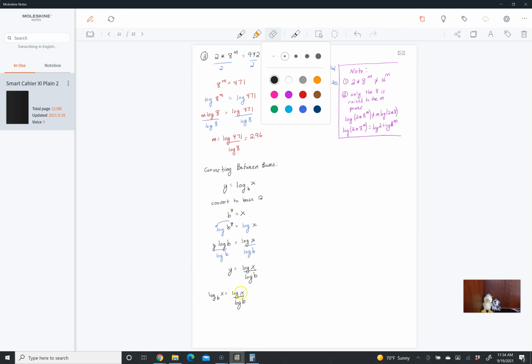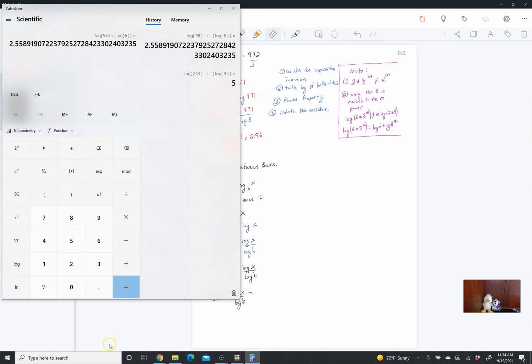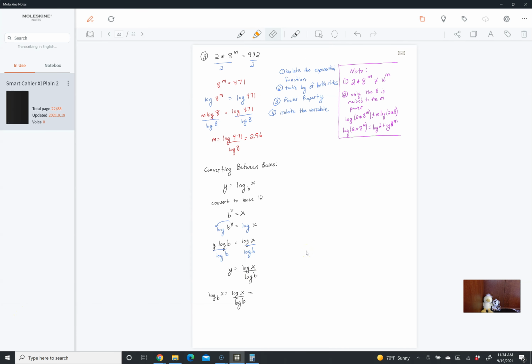So this is what we're really looking for, because a calculator can plug in base 10. A calculator can also plug in base e. You see on this calculator, it has a ln. So we could use ln instead of log. So if we use base e, in this step, instead of taking the log of both sides, we would take the ln of both sides.